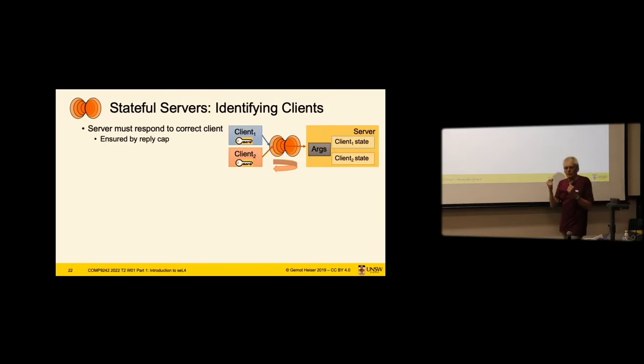But then the question is, how does the server identify client state? Think of a file system. I/O operations are long running. A client comes along, does a read, for example, whether that's from a network socket or from a storage device. It takes some time for the data to arrive, and the server wants to keep operating and serving other clients.